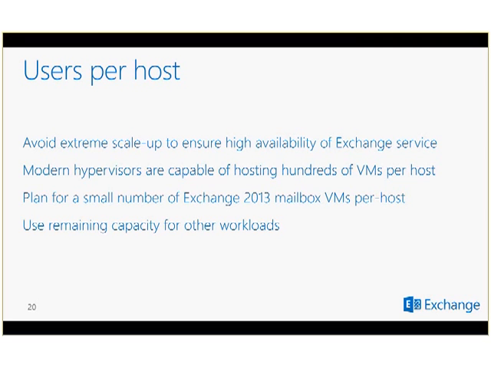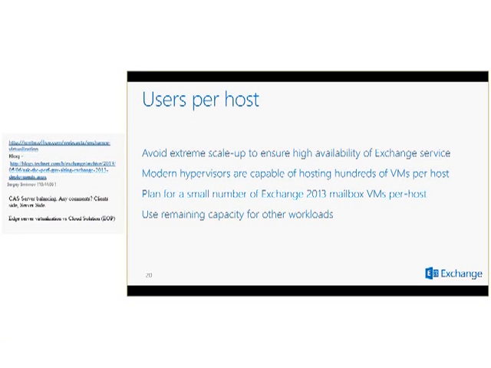You need to plan for what's going to happen when that failure occurs, and you want to minimize the impact as much as possible. So rather than having a lot of Exchange VMs on a single host, ideally we'd like to see the fewest possible Exchange VMs per host and use the other hardware available on those hypervisor hosts for other workloads. We think that'll provide much better availability for Exchange in the long run.